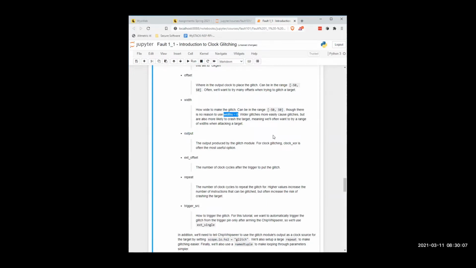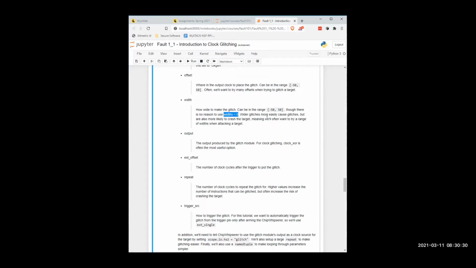But you might want to glitch before or after at any distance. So really the glitches are going to occur: use a positive number on the right-hand side of a clock pulse, use a negative number on the left-hand side.